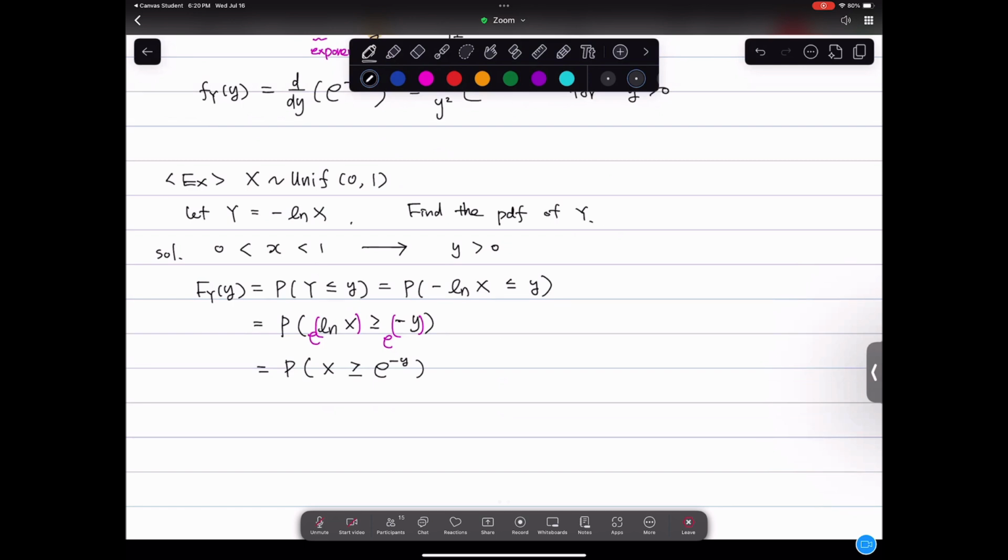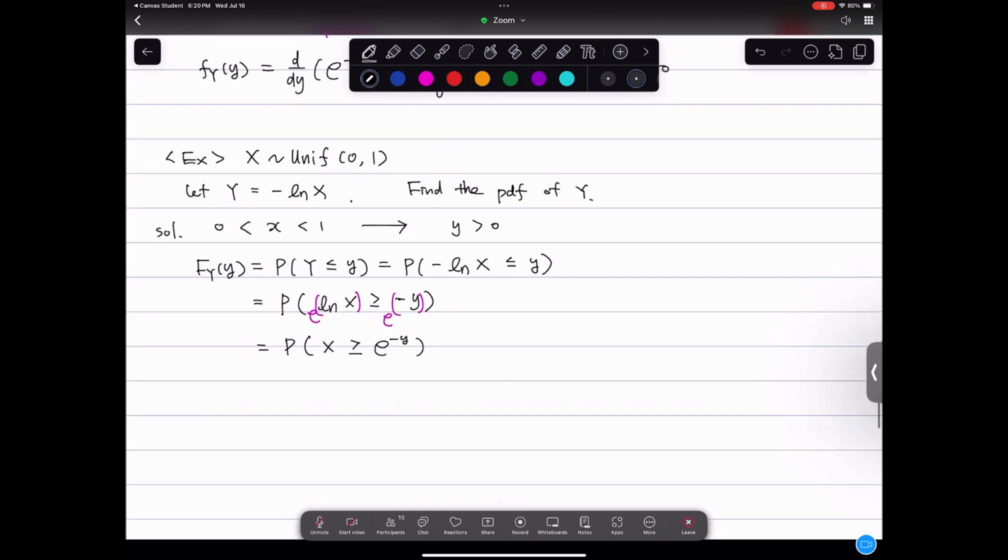So I just have to get my probability. This is my PDF of x from 0 to 1, and it's constant, it's 1. And I want the probability that the number goes from this to infinity, which I don't have to, it has to go from e to the negative y to 1.